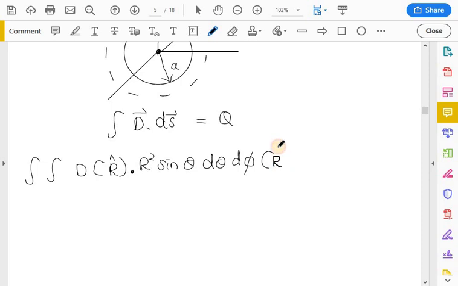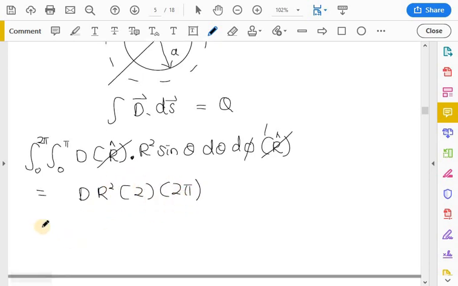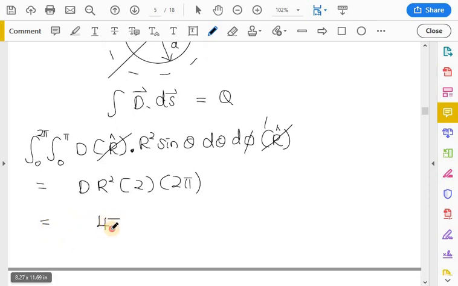My interval for phi will be from 0 to 2 pi, and theta from 0 to pi. You can do this very quickly. It's almost the same: dr square times 2 and then 2 pi. I settle the left hand side, it is 4 pi dr square.